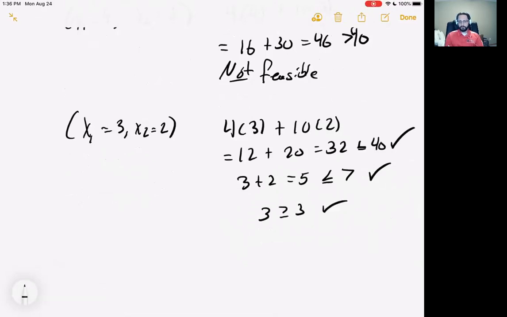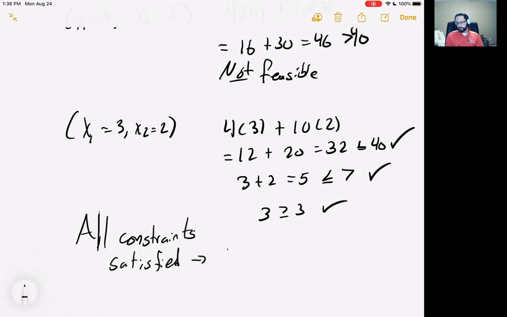Since all constraints are satisfied, we get a feasible point. And I should mention also, notice that these 2 points satisfy the sign restrictions as part of feasibility.